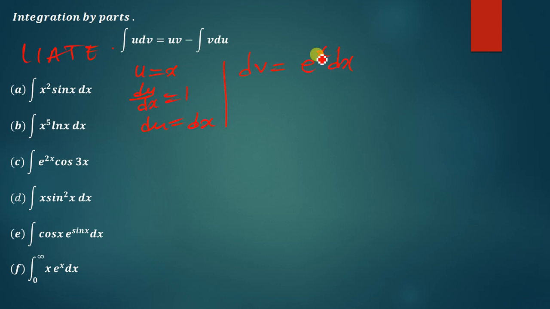If we integrate both sides to get v, we discover that our v will simply be equal to e to the power x. So we can now replace in the formula. My u is x, and then v is e to the power x, and then I have minus the integral of v, which is e to the power x, and then du, my du is equal to dx, so I'm going to write dx there.